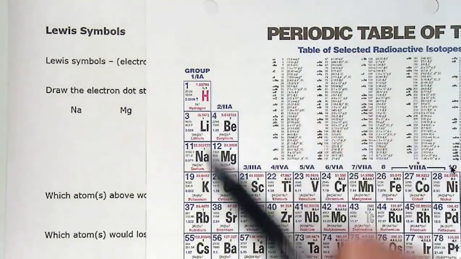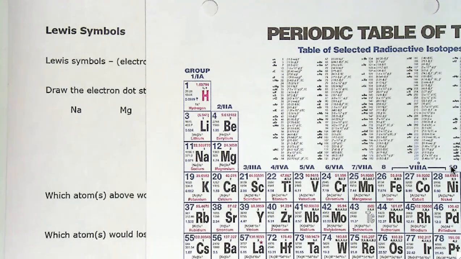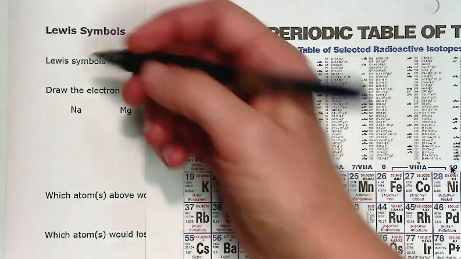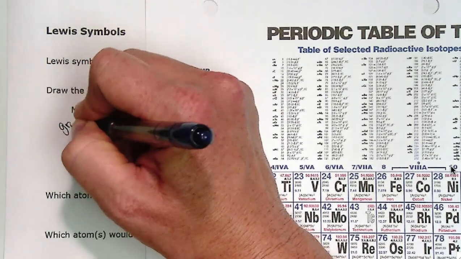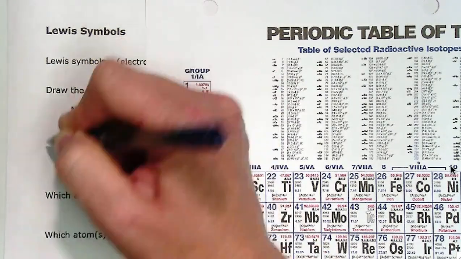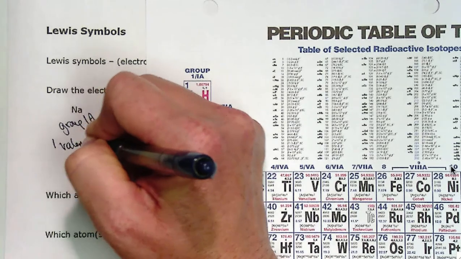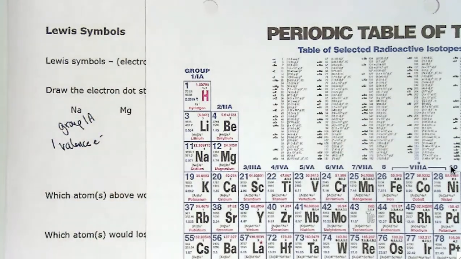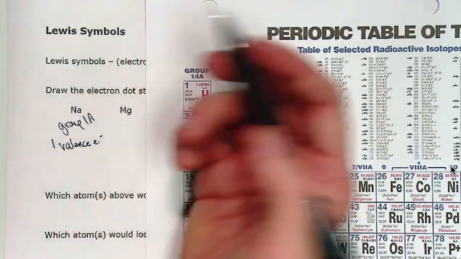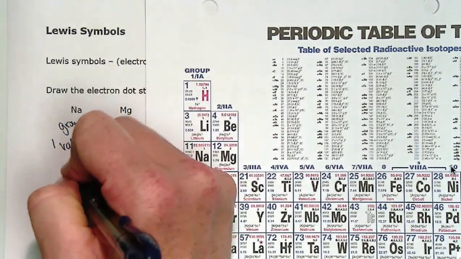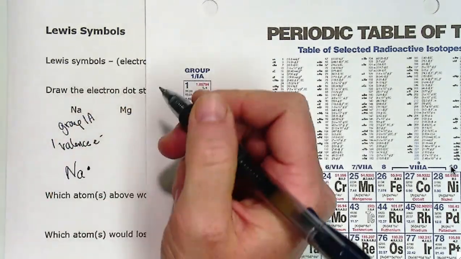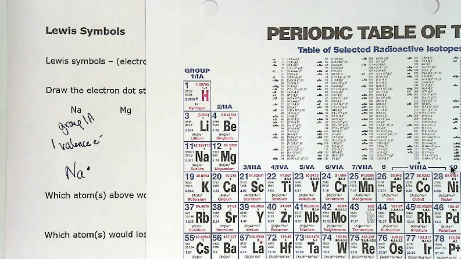Sodium's in group 1 of the periodic table. Whatever group they're in is pretty much how many valence electrons they have. So sodium's group 1A, it has 1 valence electron. So the electron dot symbol or Lewis symbol for sodium would just look like that. You could have your dot on the top, bottom, or left. It doesn't have to be in the exact same place that mine is. It just has to have 1 dot.